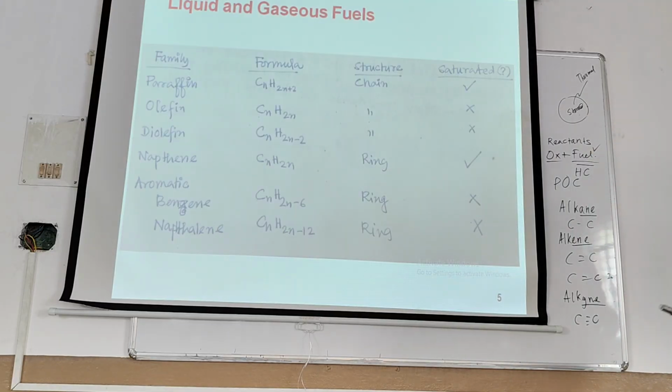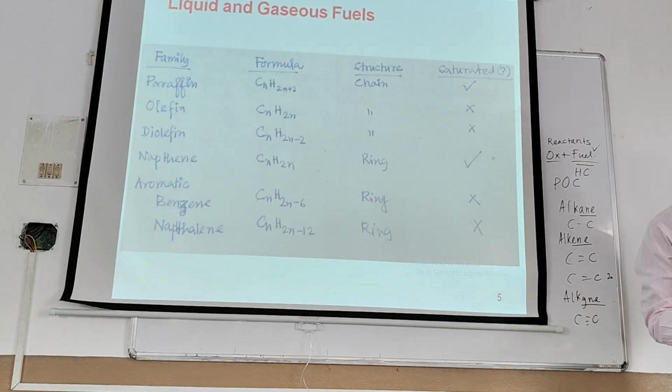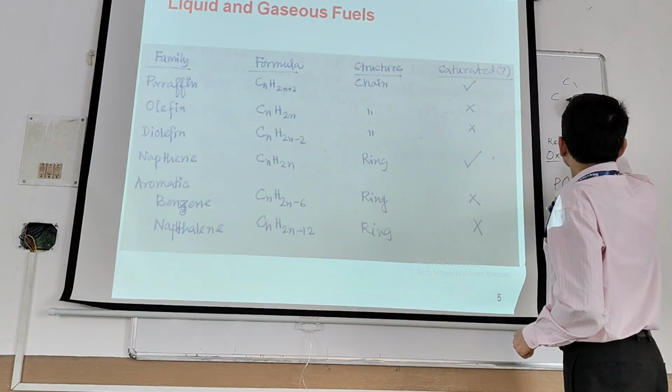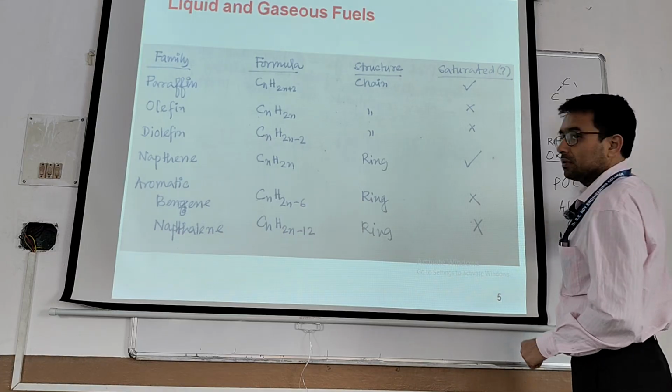For example, the minimum cycloalkane is cyclopropane. Say you have carbon, carbon, carbon, this is called cyclopropane.